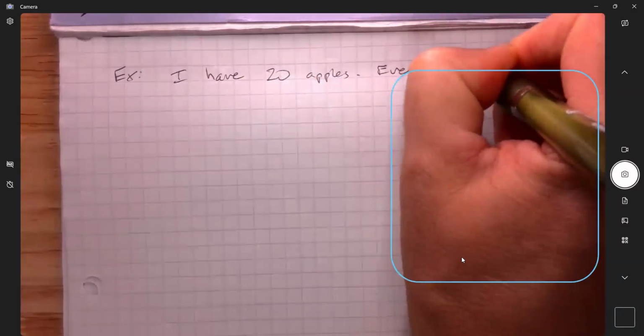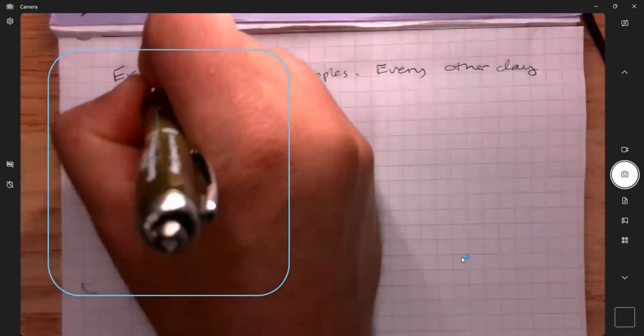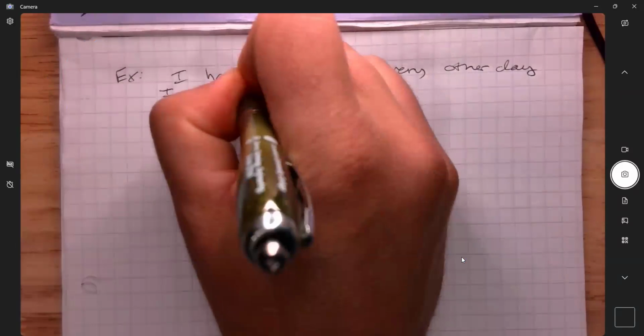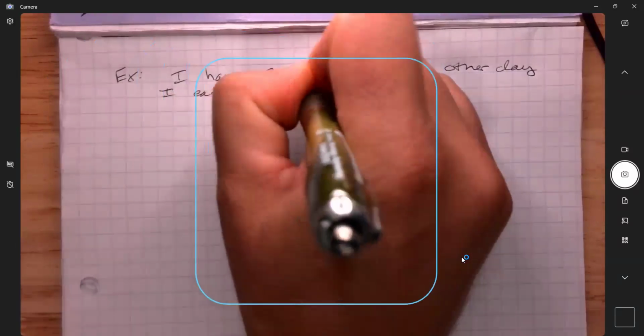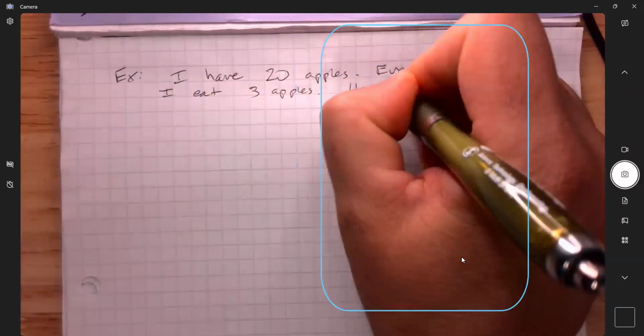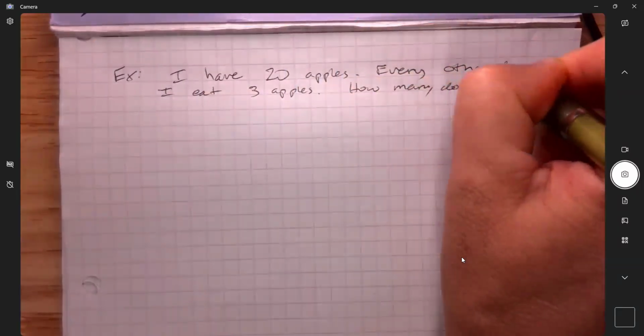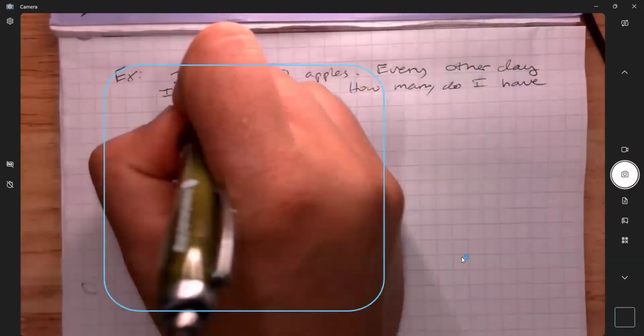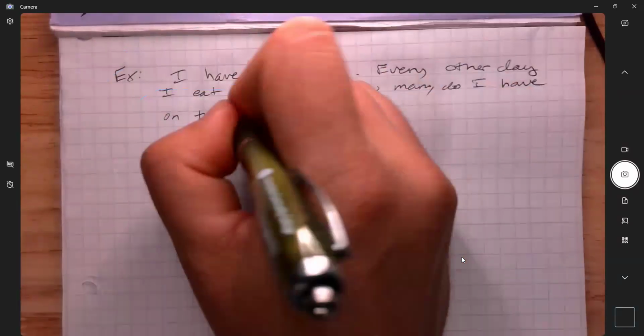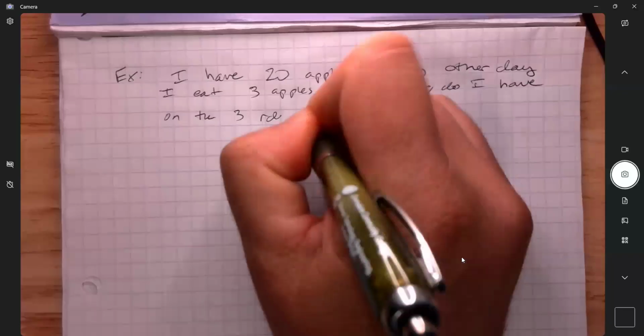Every other day, I eat 3 apples. How many do I have on the, let's say, 3rd day?